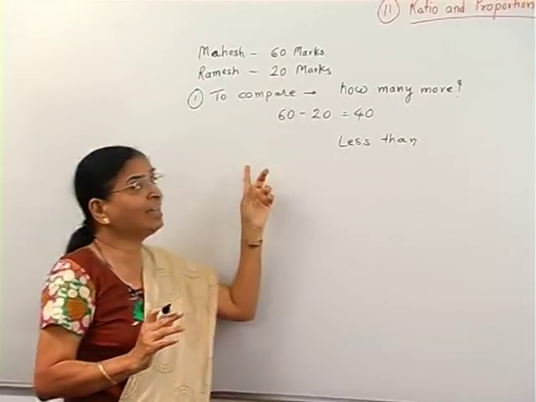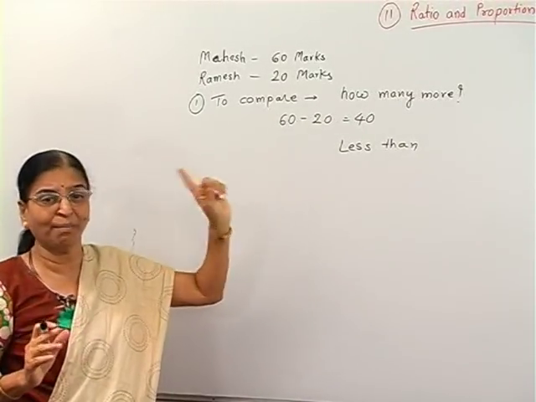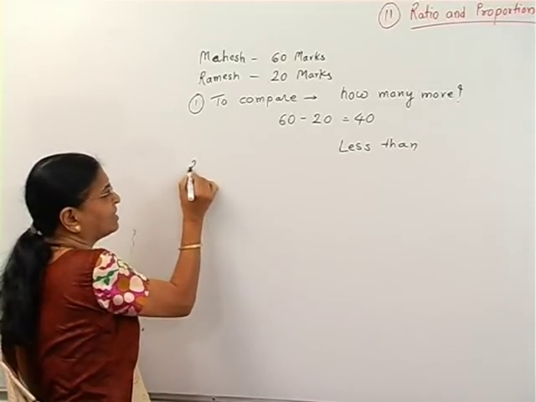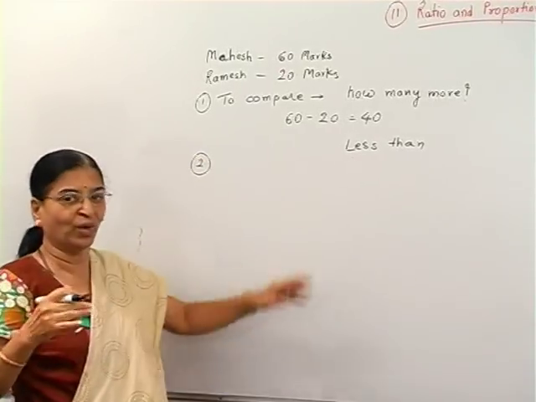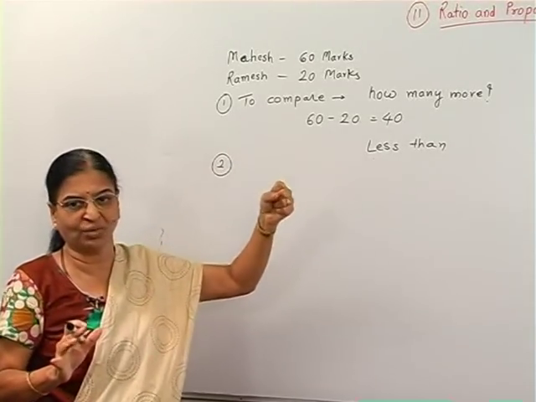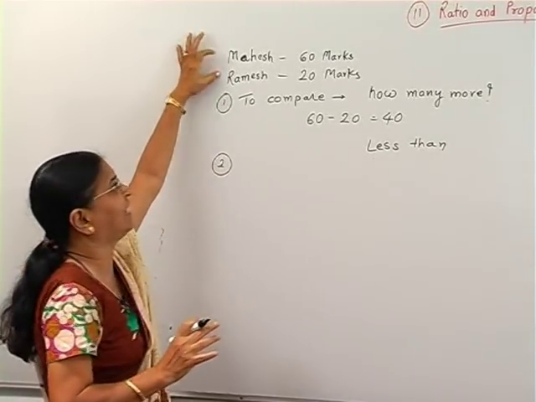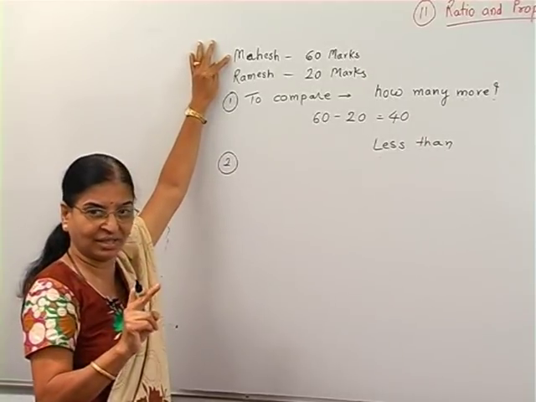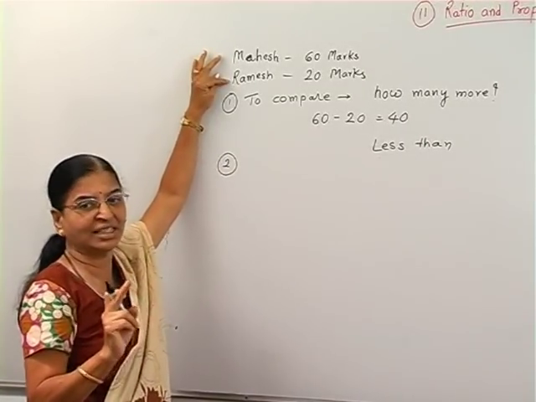In this way, to compare, we will have a second method which will clarify who is the first one. I will say Mahesh is the first term and Ramesh is the second term.